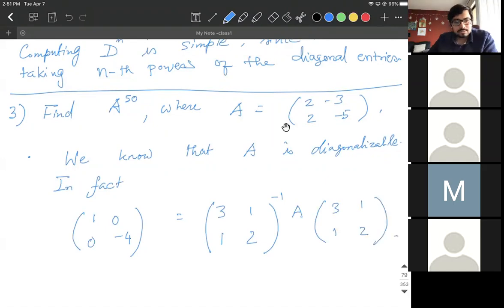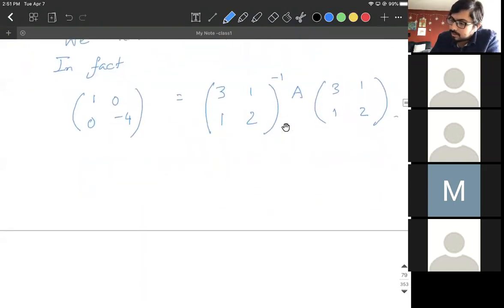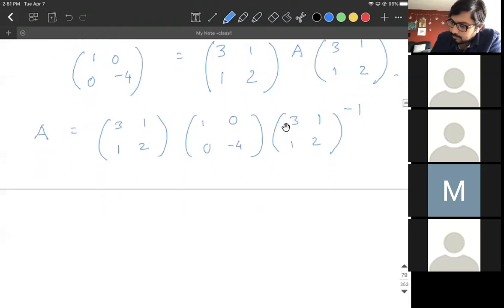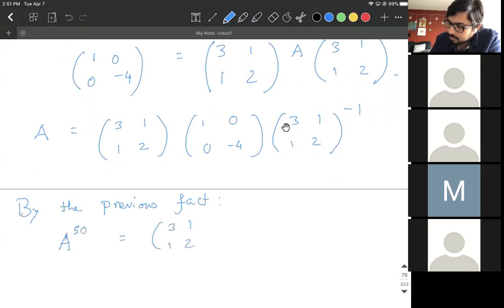Okay, so this was the diagonalization. And hence A is given by [3, 1; 1, 2] times [1, 0; 0, -4] times [3, 1; 1, 2] inverse. And by the previous fact, A to the 50 is given by [3, 1; 1, 2].